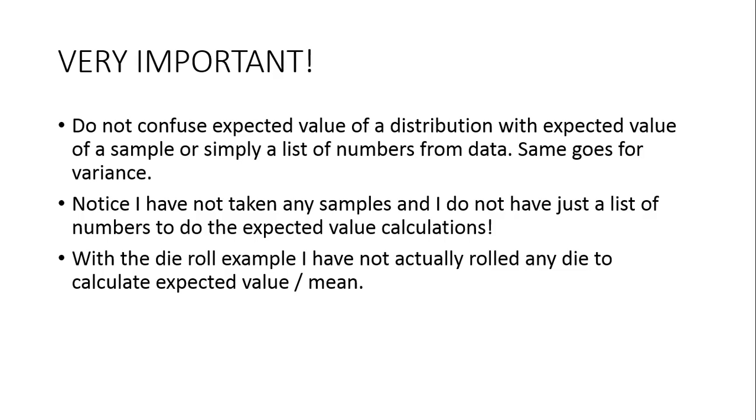I'll get something like 3.5 for the mean, and the variance will be roughly 1.5 probably, or the variance will be around 3. The standard deviation will be 1.5 for this probability distribution, for the die roll random variable.